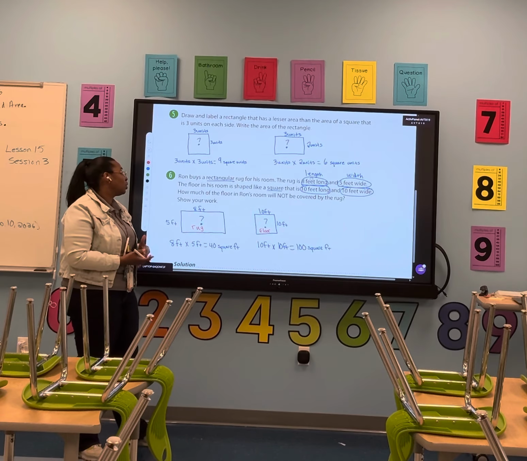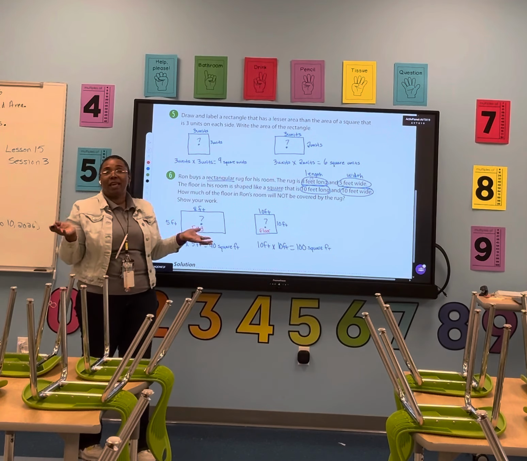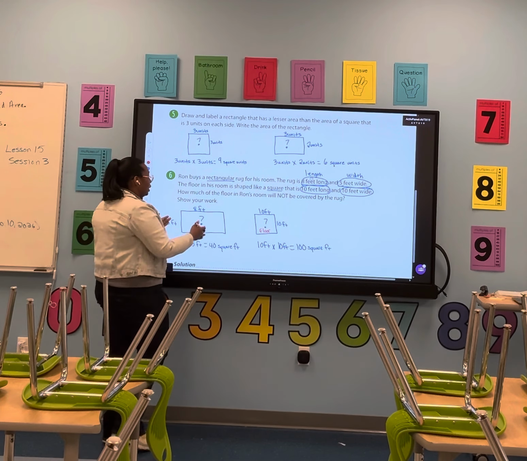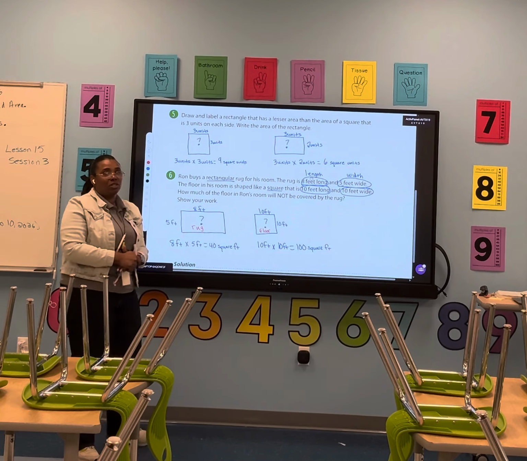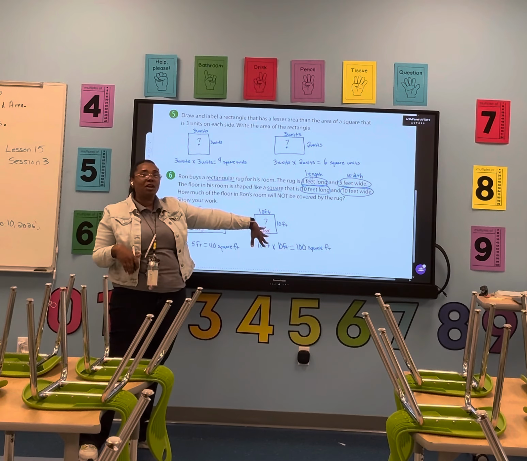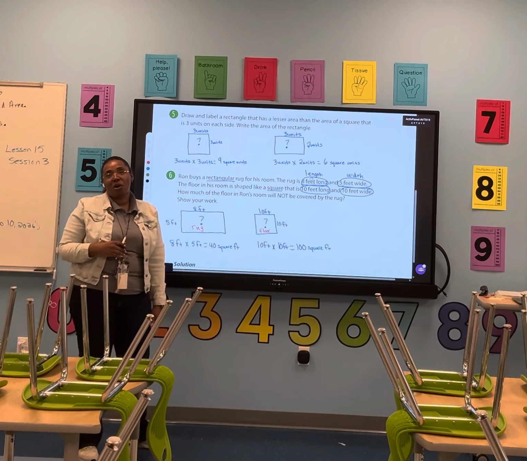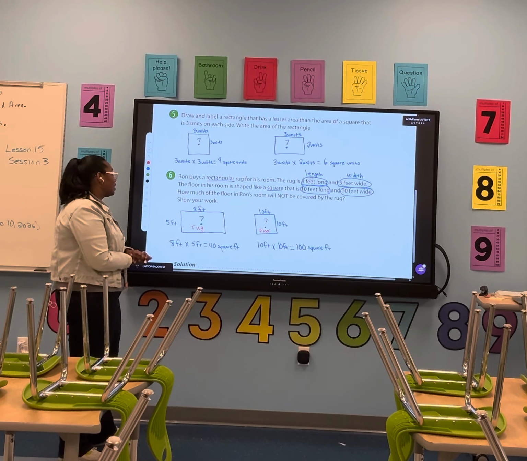Miss Newman should have really drawn that to scale, but unfortunately, I am doing it by hand. So really and truly, this one should have been smaller and this one should have been bigger. So just think about it that way, because I don't want you to be like, well, this can cover that, so we know it's going to cover. No, Miss Newman didn't draw it to scale. Sorry. So let's keep going.